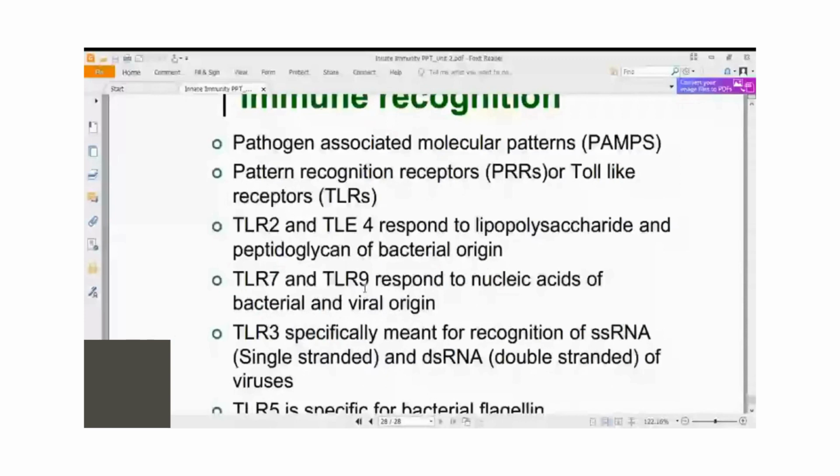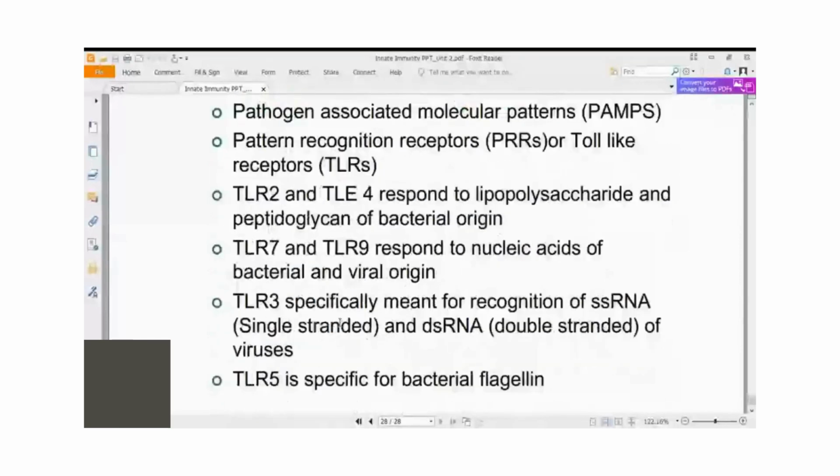TLR7 and 9 are responsible for recognition of nucleic acids of bacterial and viral origin. TLR7 and 9 are meant for recognition of bacterial and viral nucleic acids. TLR3 is responsible for recognition of single-stranded RNA.